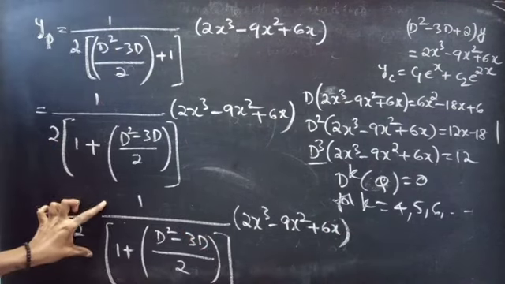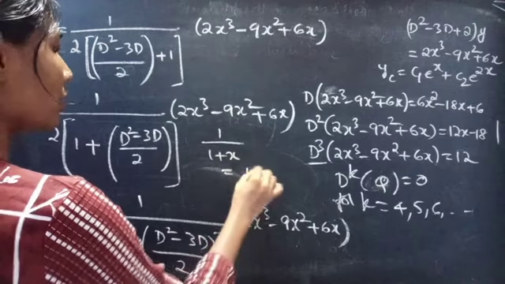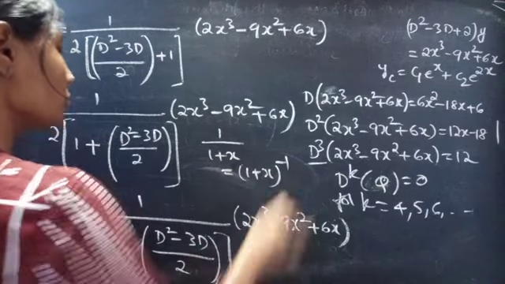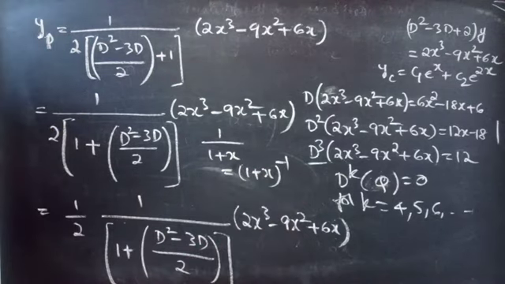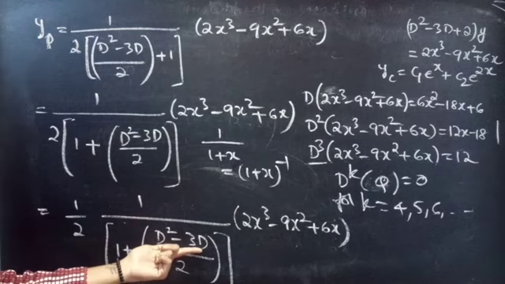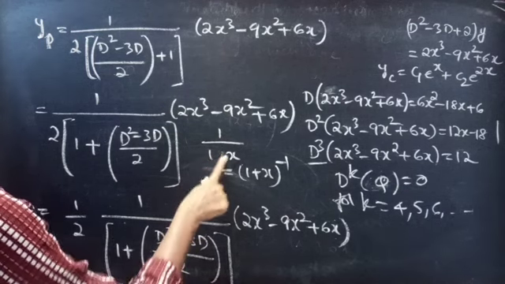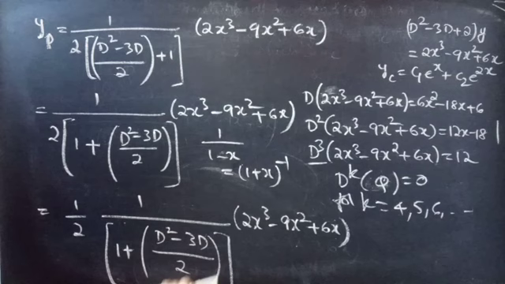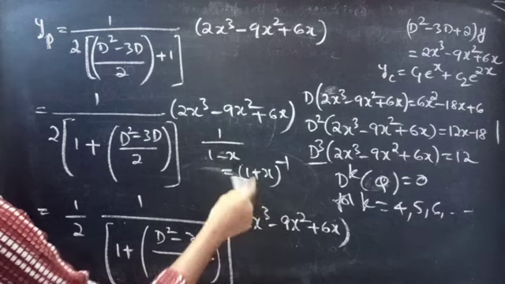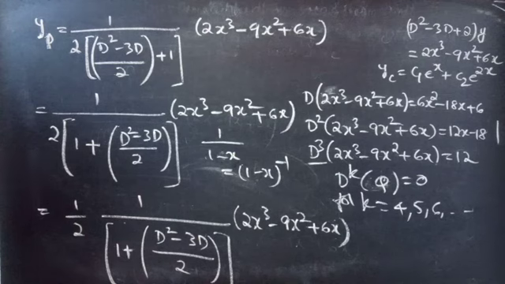See, the second fraction is of 1 by 1 plus x form, so we can write it as 1 plus x whole inverse. Or for our convenience, we'll take minus common from these 2 terms. See what happens. Then I'll get something like this, which is in 1 by 1 minus x form. Then we can write it as 1 minus x whole inverse form, right?